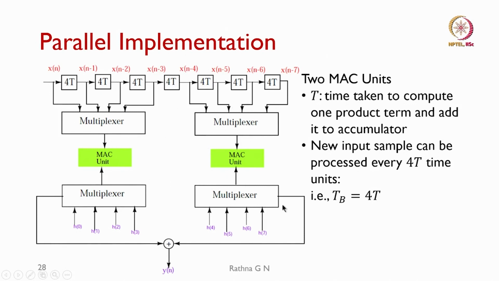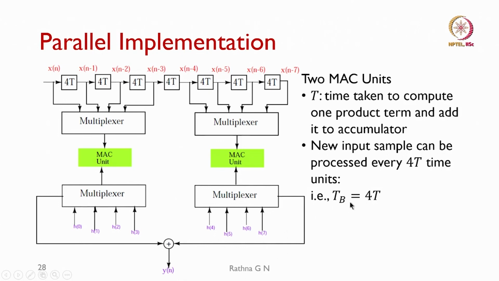There are 4 multiplexers and 2 MAC units, and because they are working in parallel, they do not have any dependency, whatever data they have stored they will be working on. 4 samples are connected to one MAC unit and 4 samples are connected to the other MAC unit. So, they can work in parallel, and in the last step we have to add them from both the cases, then only I will be getting y of n.